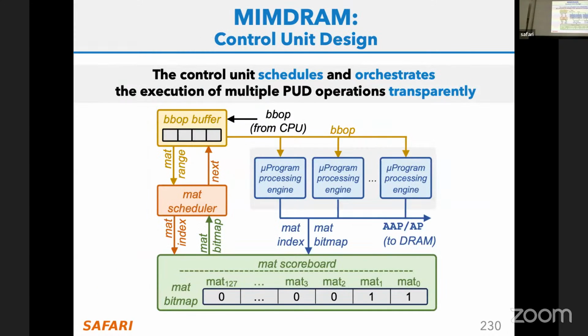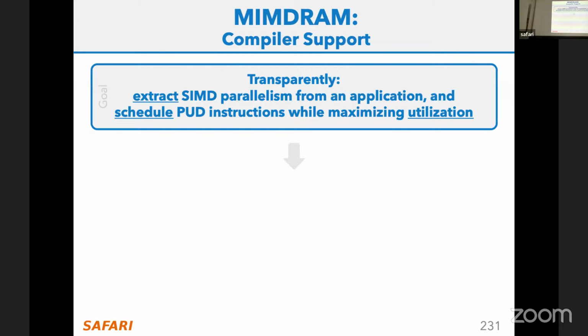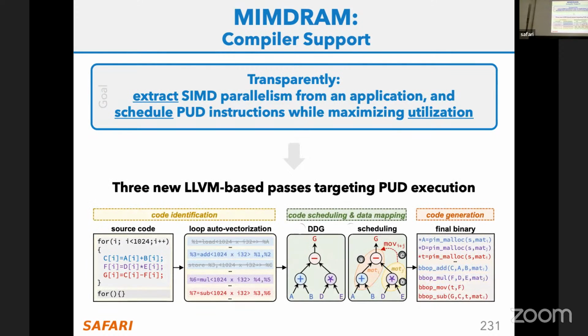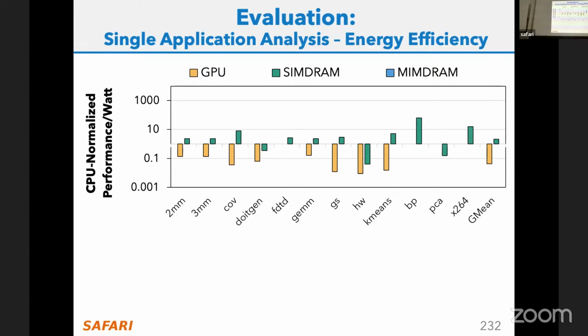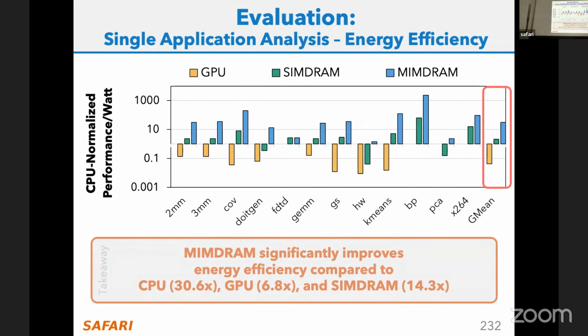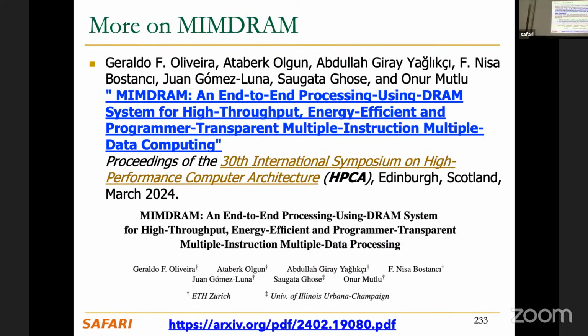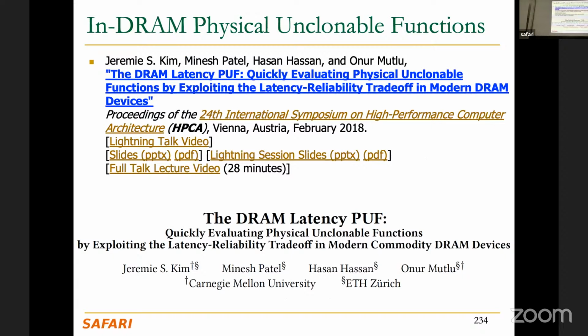We also have an implementation of a control unit, which is responsible for scheduling and keeping track of which portions of a DRAM row are being used for computation, and compiler support that is used to translate C code down to those bitwise addition and multiplication operations that are going to be executed inside the DRAM subarray. We evaluate this system using 12 applications compared to a CPU system, which I just mentioned. In DRAM, we can significantly improve energy efficiency. For more on that, I invite you to check our paper.